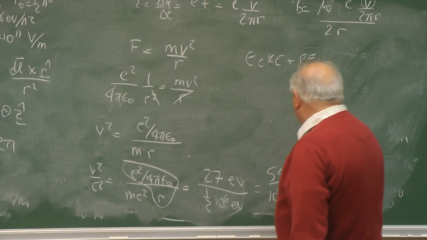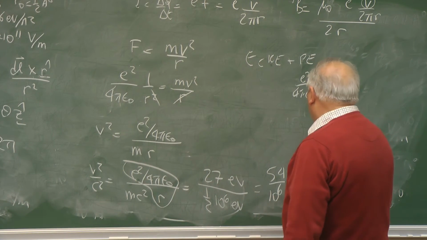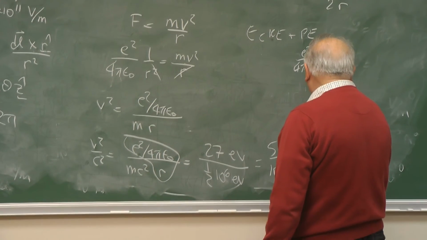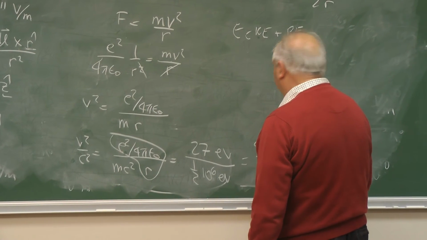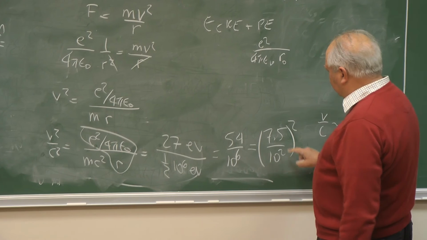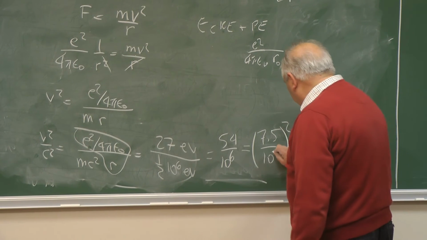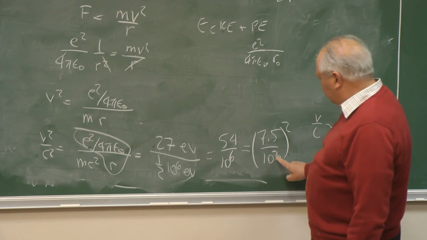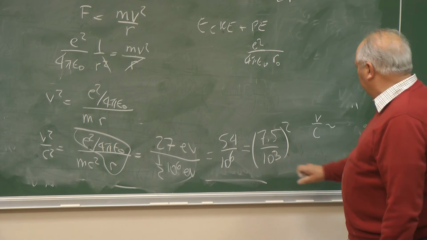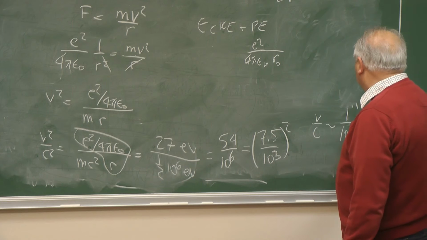So can we write this as a square of something? Roughly speaking, this is like 7.5 times 10 to the minus 5. Therefore, V over C is like 1 over 100.